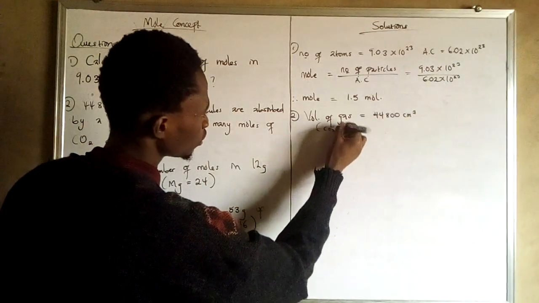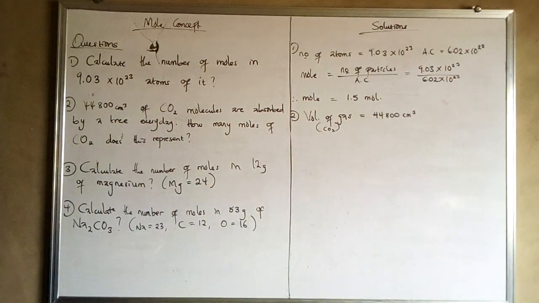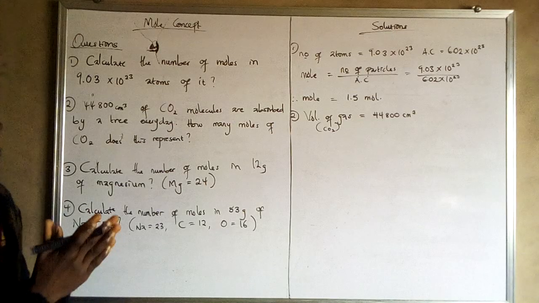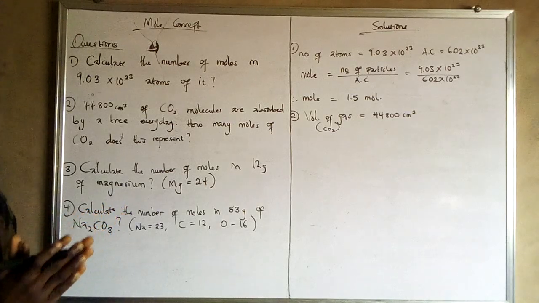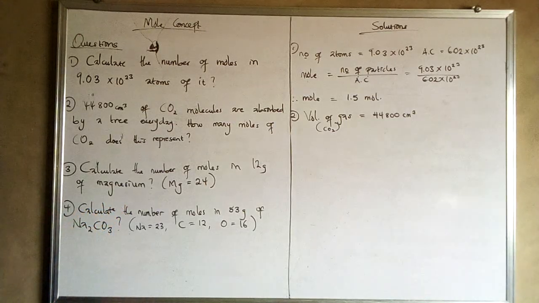Now to find the number of mole of a substance using the volume of the gas involved, that's CO2, one thing we have to make sure is that the volume of the gas is in dm3. We have to make sure the volume of the gas is in dm3 before we can proceed with our calculation.